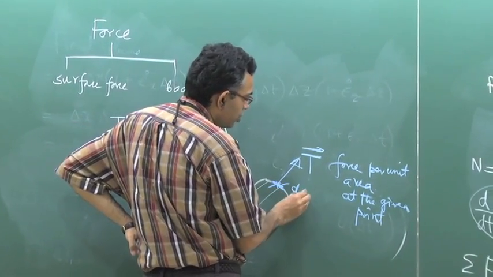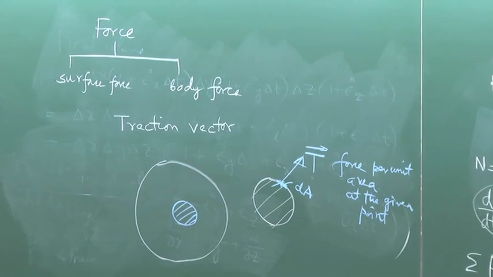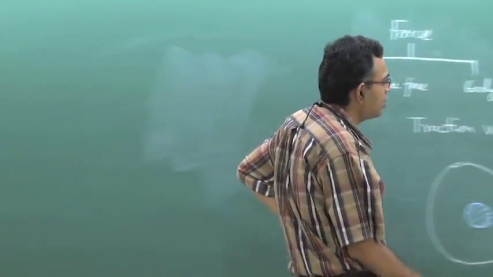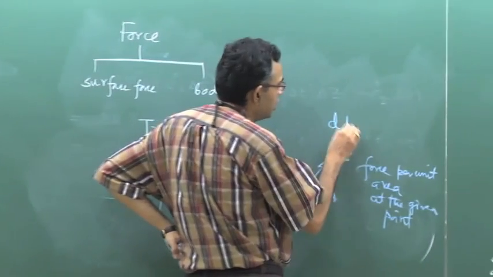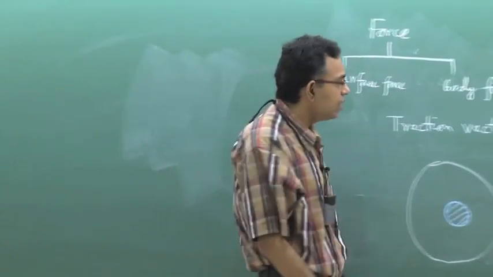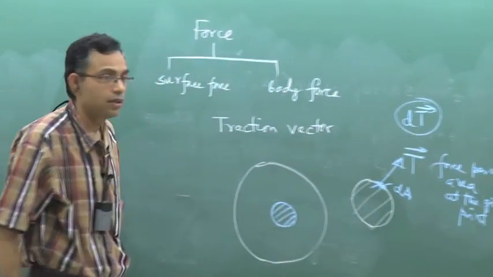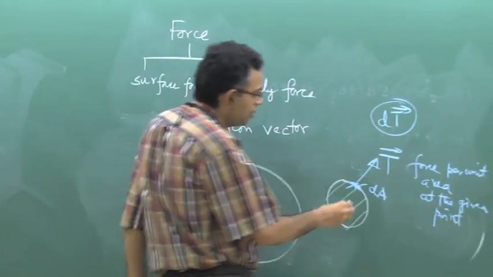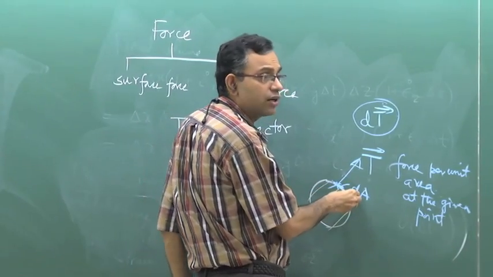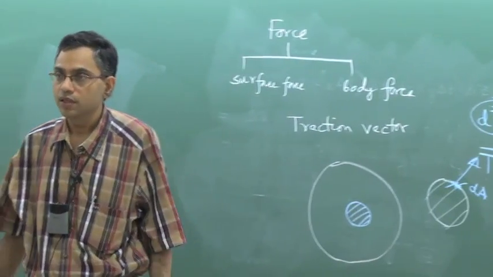So let us say you choose an area dA. If you choose an area dA, it may be a differential force dt, whatever. Now this differential force dt will depend also on the orientation of this area, right?